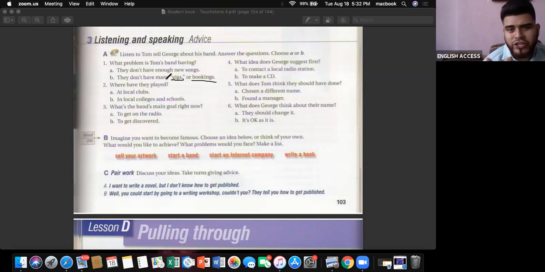Bookings is the same thing as a show, or basically any appearance that you have, because not every time that you have a gig you're going to be performing. Maybe it's to sign autographs, or maybe it's to give a speech, a seminar. But whenever you have a gig or a booking, you're going to get paid, right? It's like an event.